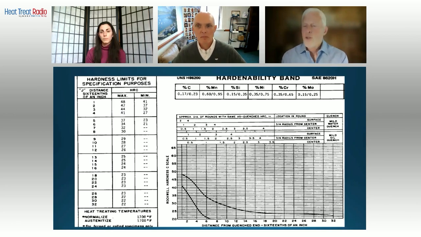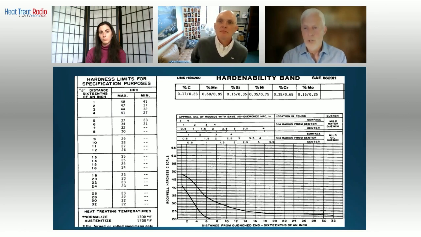So again, strategy to control it. The strategy to control it is getting the hardenability data so that you can utilize that ahead of time, taking that hardenability data and understanding what your specific heat treating operation is, more specifically, what your quenching operation allows you to achieve.